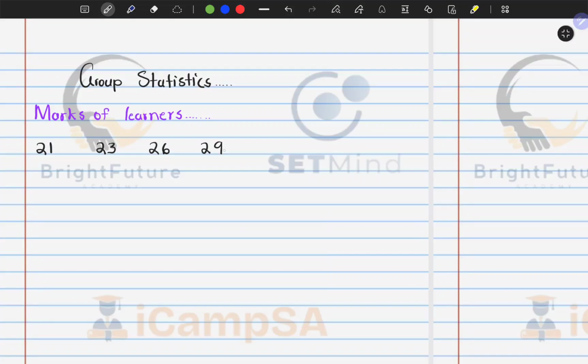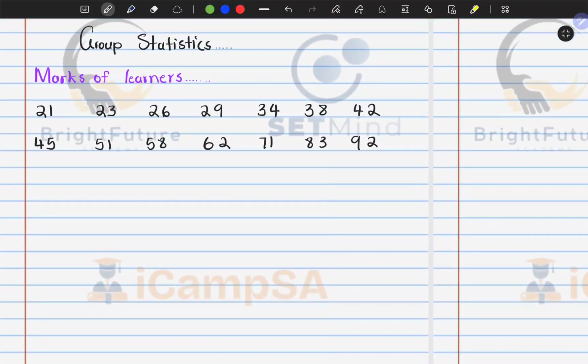Then let's have one who got 29. Then we have a 34, then 38, say 42, and then 45. And let's have 51, then 58, let's have 62, let's have 71, let's have 83, let's have 92. So let's say we have these marks for learners.